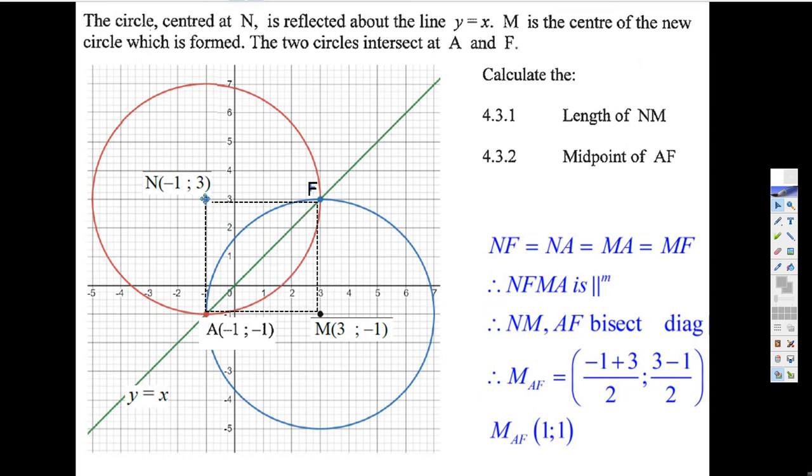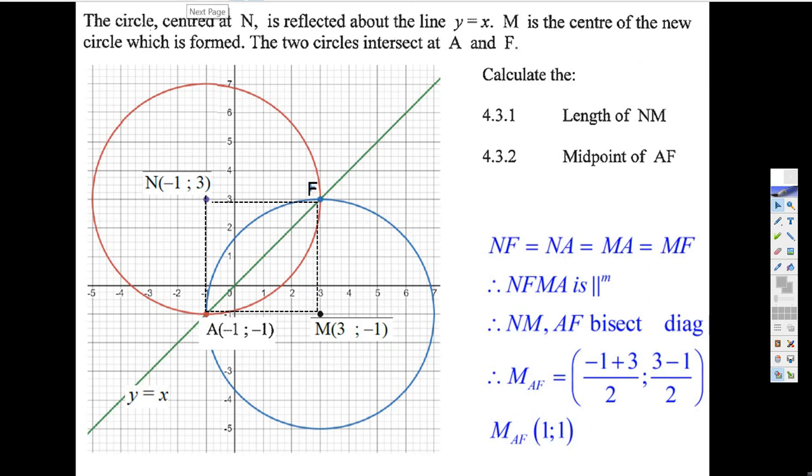Well, we know that the diagonals NM and AF bisect each other, because that's a property of a parallelogram. So therefore, the midpoint of AF must just be the midpoint of NM, because they bisect each other at the same place. So you just go minus 1 plus 3 over 2, and 3 minus 1 over 2, you get 1, and 1 is the midpoint.